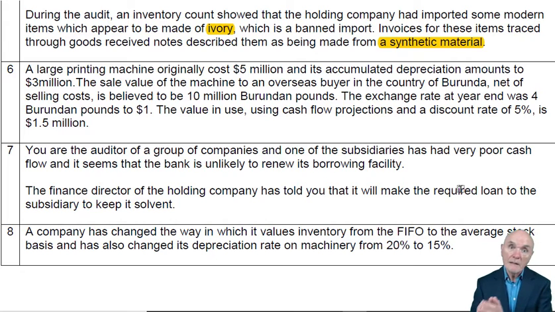So if you're looking at the board minutes, maybe if you looked at the financial projections, the budgets and so on of the subsidiary, what are they saying? Are they showing an amount coming in, an amount that's expected to be coming from the holding company? Does it make sense?